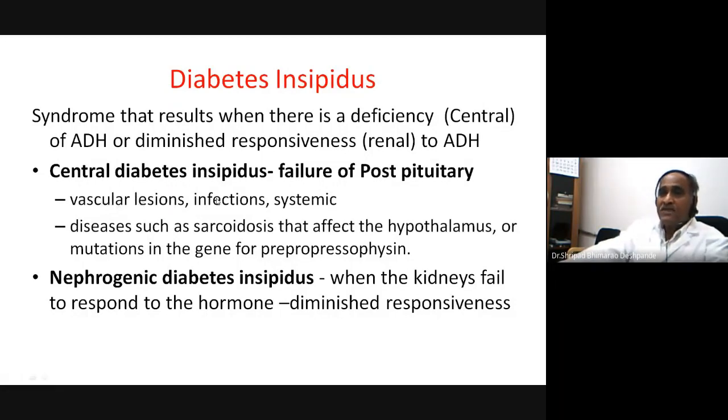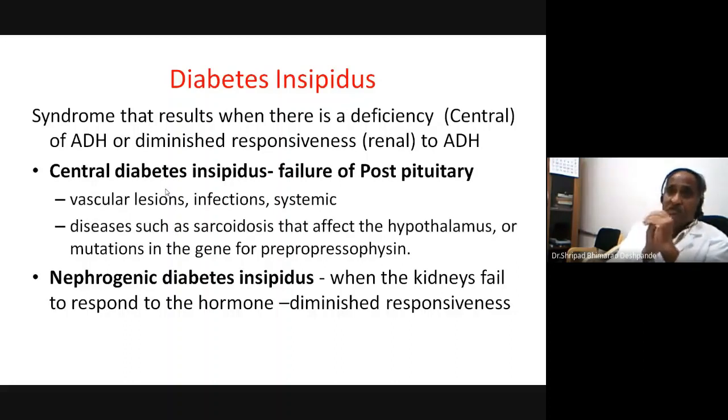Now, in the vascular component, I am just trying to give you one important example: postpartum. In some ladies, after the delivery, the posterior pituitary goes into necrosis. The postpartum posterior pituitary necrosis is known as Sheehan's syndrome.